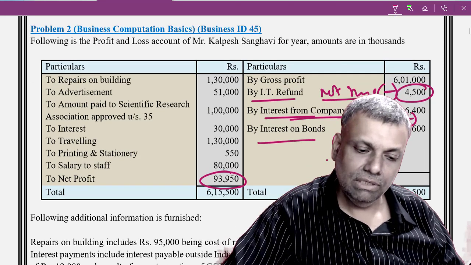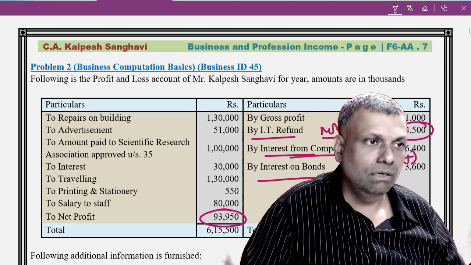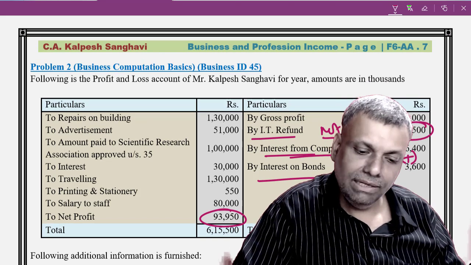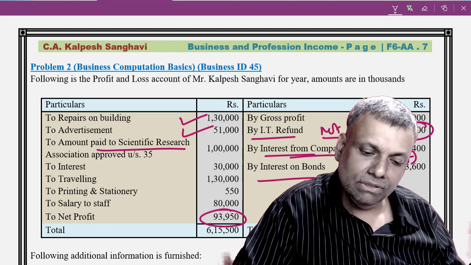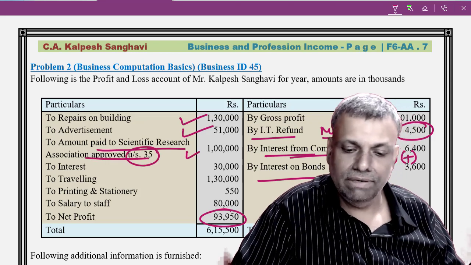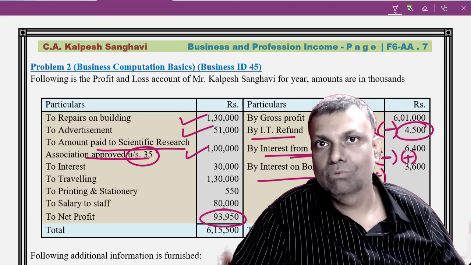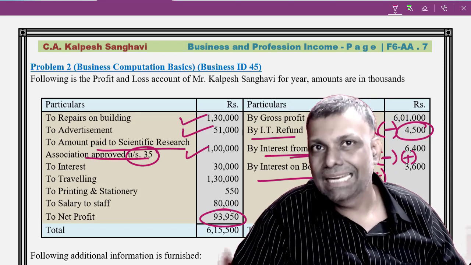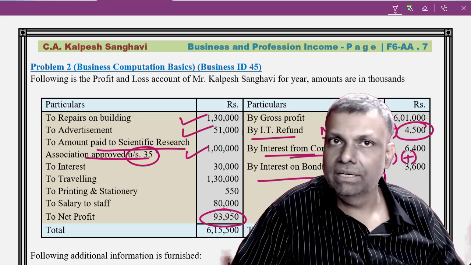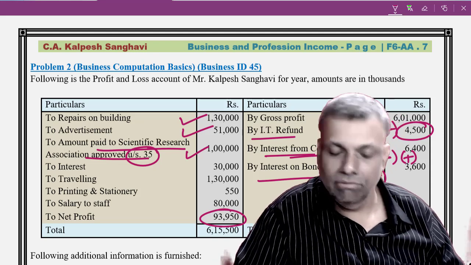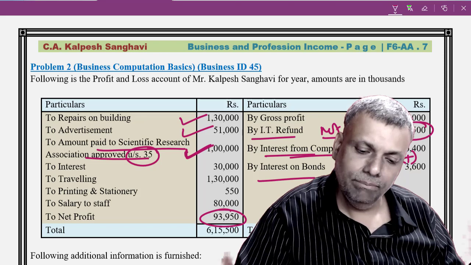Now on the debit side, repairs to building is okay, a business item. Advertisement is a business item. Amount paid to Scientific Research Association approved under section 35: whatever contribution you give is allowed as a deduction, it is an incentive provision, and you have already debited that, and section 35 is already giving you a deduction, so that is okay.